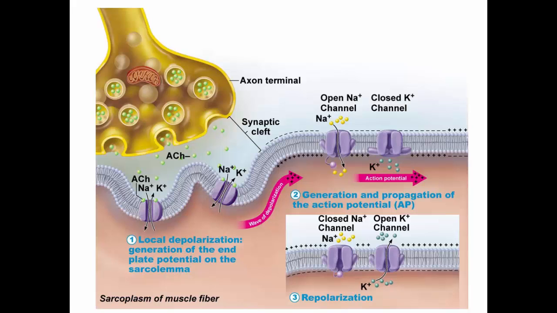So as we look at the steps, acetylcholine is released into the synaptic cleft. When it attaches to these receptors on the sarcolemma, it opens up these channels that allow sodium in and then potassium out. So sodium comes in first, that starts the action potential, then potassium goes out and reverses the action potential.